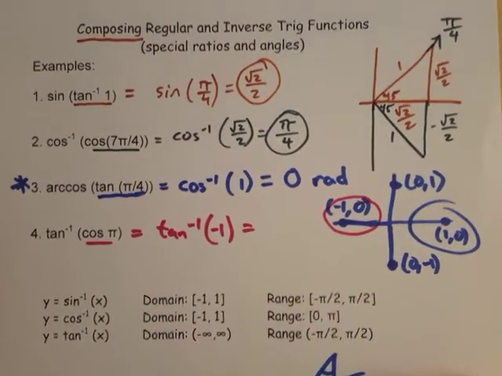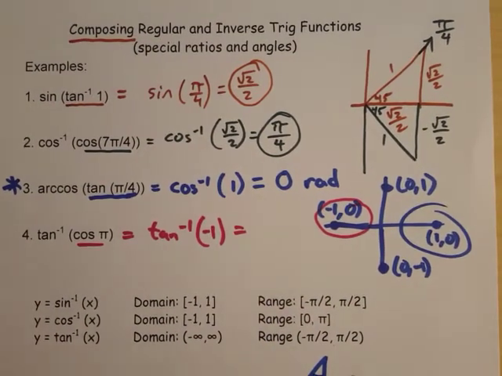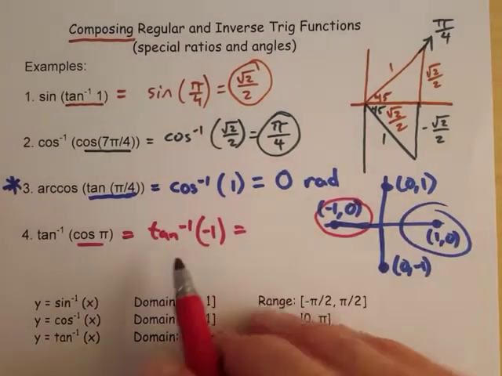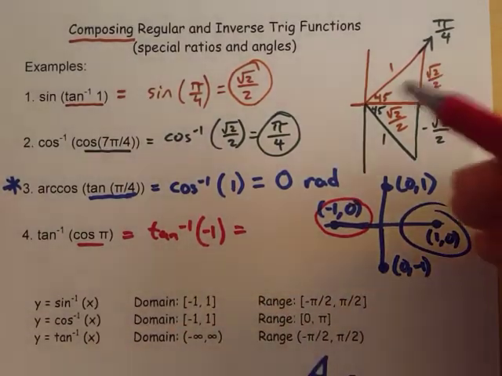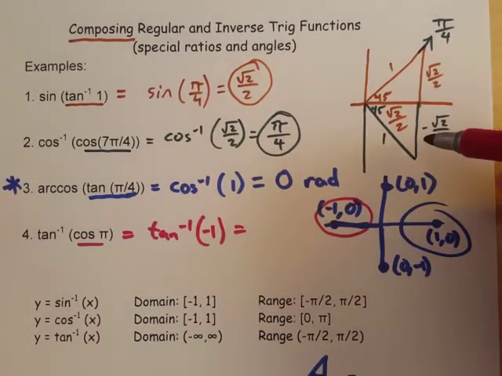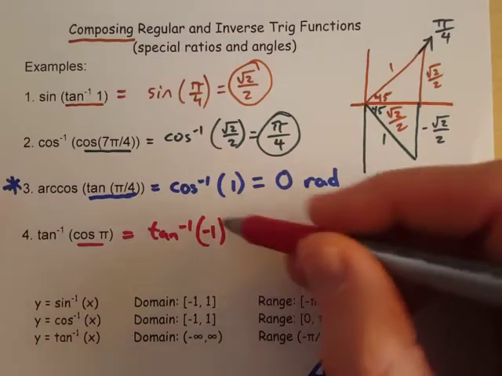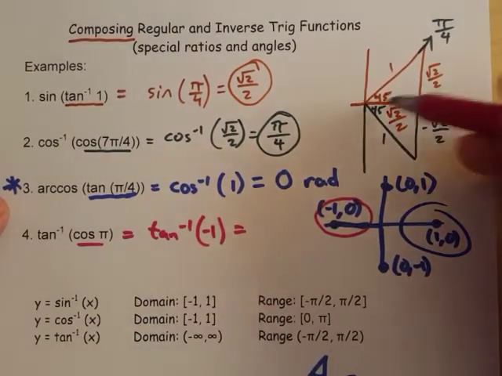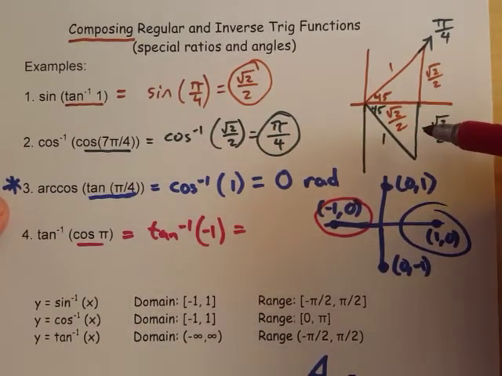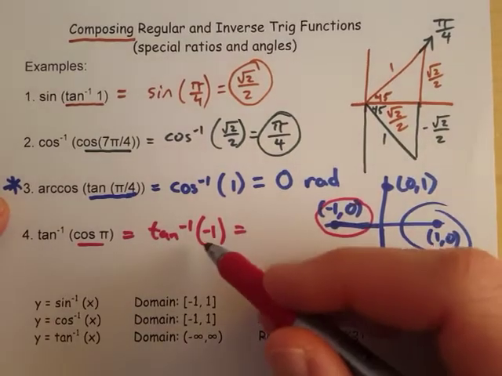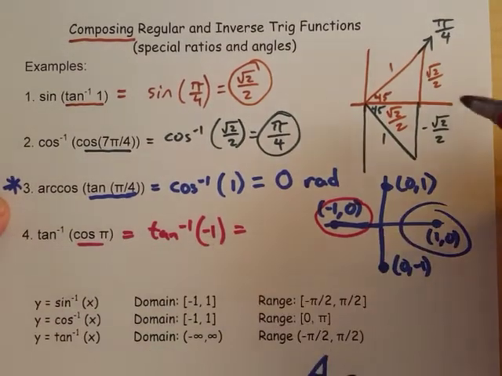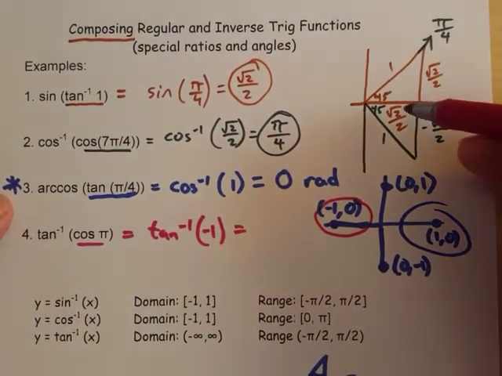Here's where we go back to our method of figure out the quadrant, figure out the triangle, and then decide where it's placed. So tangent inverse, again, that's either quadrant 1 or 4. Since it's negative, that means we're dealing with quadrant 4. And now that we have its -1, that's going to be opposite over adjacent.